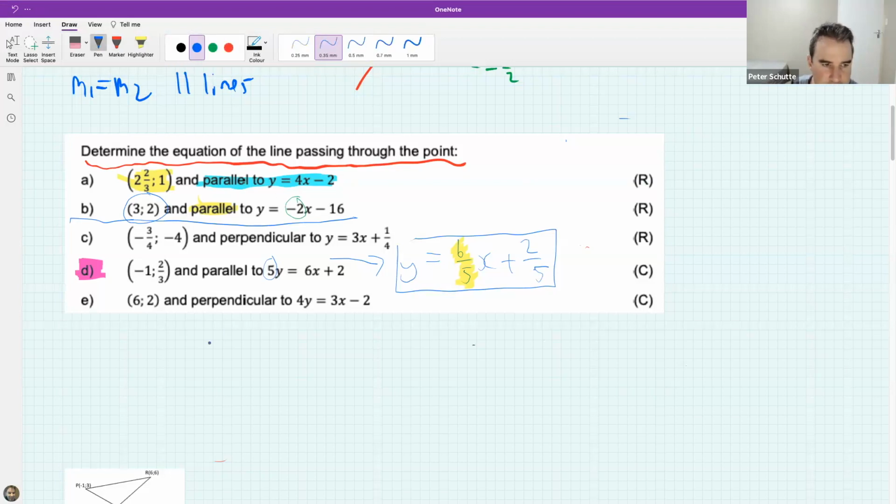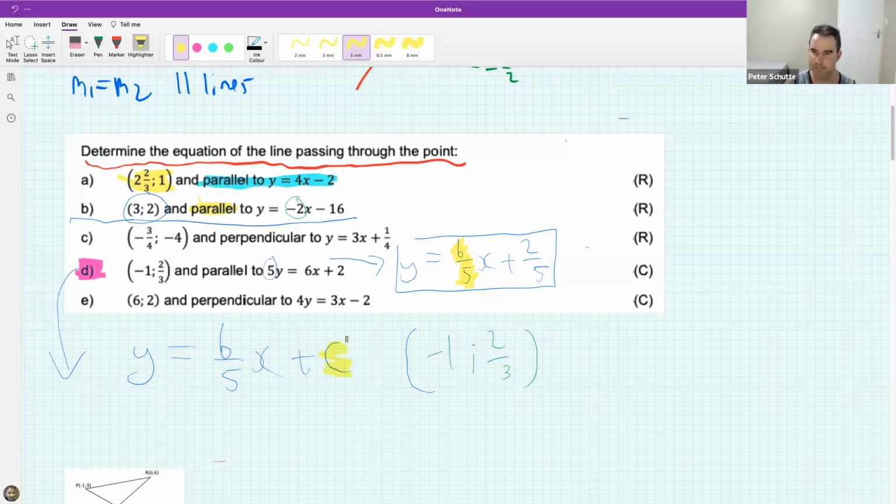Okay, so I'm going to piggyback on this graph and say the graph that I want has a gradient of 6/5, and I know it goes through the point -1 and 2/3. So I now need to find what C is, and that will help me get the answer.